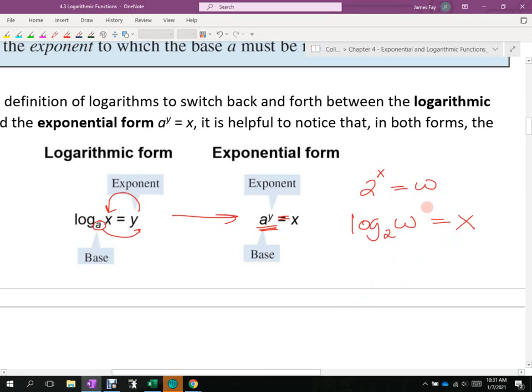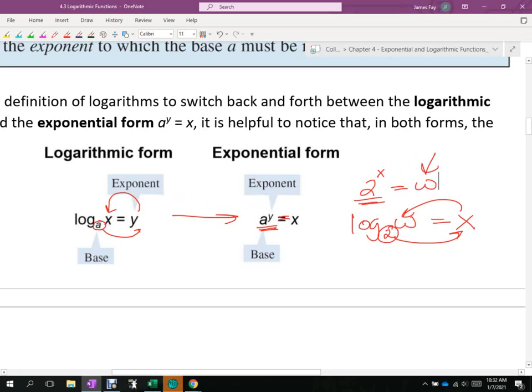And then, if I go there to there, does that give me this side here? And then come back to w, does that give me that side? Does that kind of make sense? I'm just using arbitrary values of 2, x, and w. There's no reason why I chose those. But that's how you go back and forth between exponential form and logarithmic form.